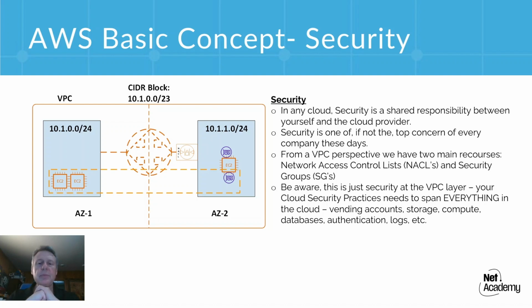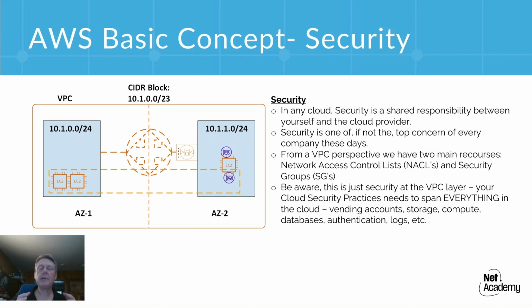When it comes to security in a VPC, and we're going to limit this to the VPC, we really have two main resources we're looking at. We're looking at network access control lists, or NACLs, and we're looking at security groups, or SGs. Okay, we're going to go through both. One thing is, be aware, we're just talking in this talk about security at that VPC layer.